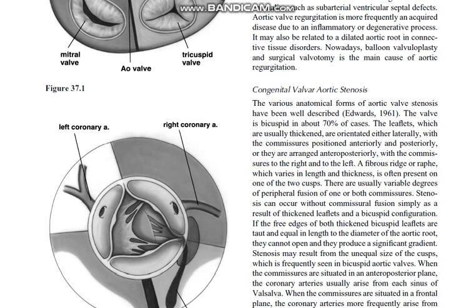A fibrous ridge or raphe, which varies in length and thickness, is often present on one of the two cusps. There are usually variable degrees of peripheral fusion of one or both commissures.